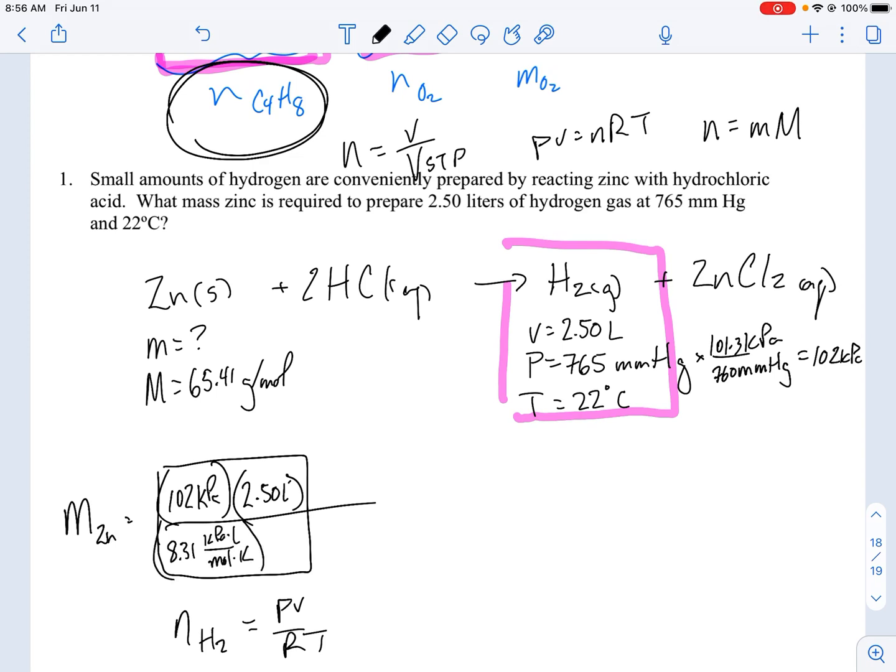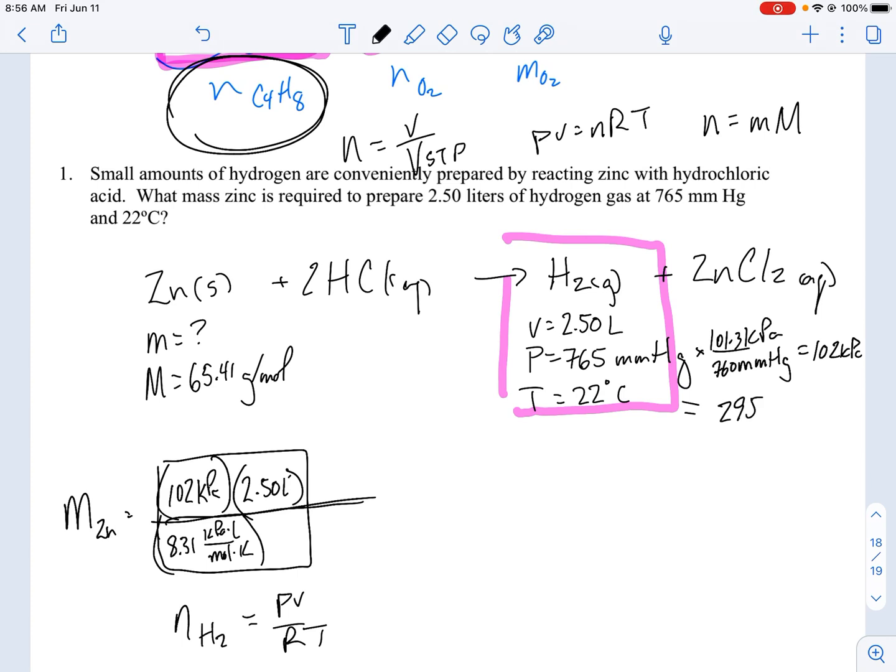Please include all of the units for that, because that's why we are able to cancel and get rid of things as we go. And then I didn't convert my temperature yet, but this is going to be 295 Kelvin. When I do that, I'm going to be canceling out my Kelvins, my kPas, my liters, and it's going to leave me with moles. So I'm getting my moles of hydrogen, which is what I wanted.